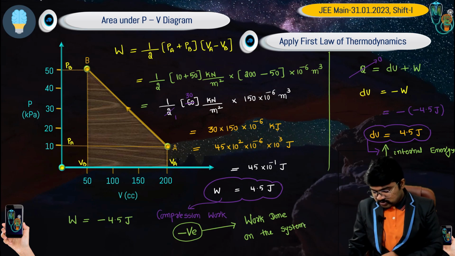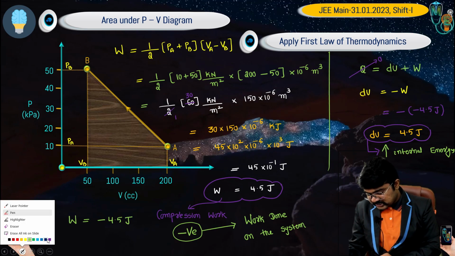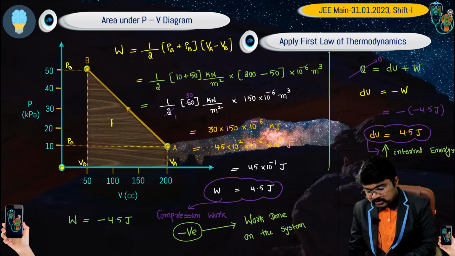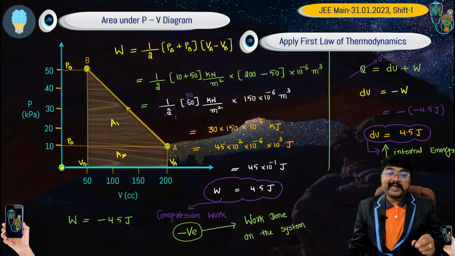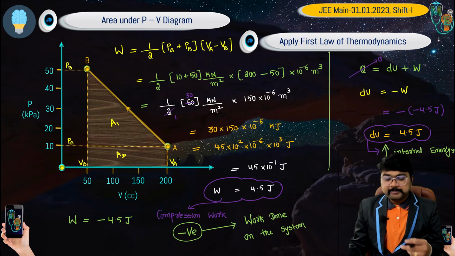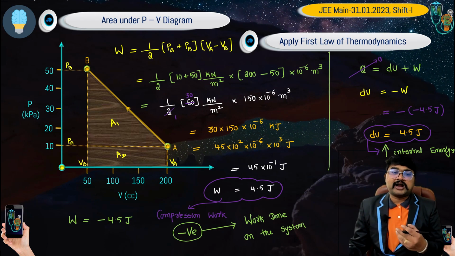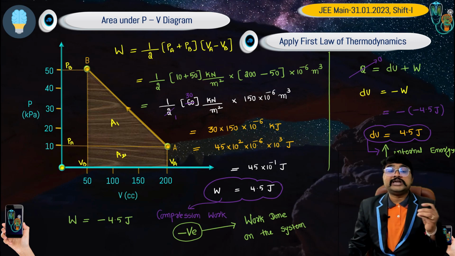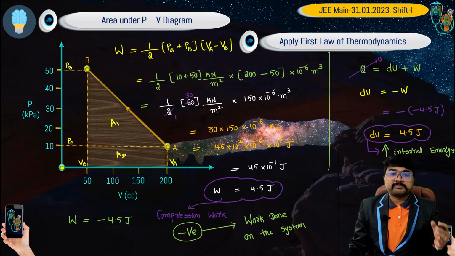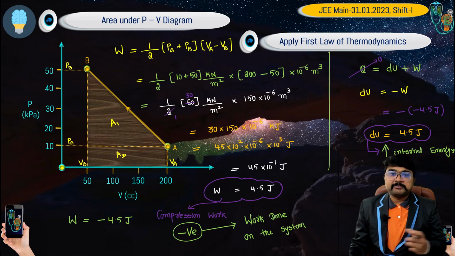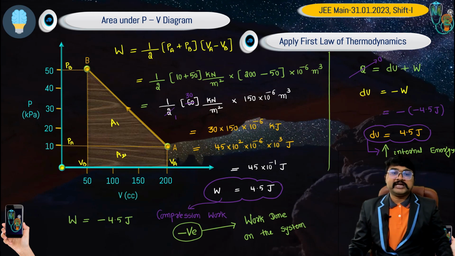So here we calculated two areas, area 1 and area 2, and we added them. That is the work done. We got the magnitude of work done, and based on the pressure change and volume change, we decide whether it is a compression or expansion process. In compression, pressure increases and volume decreases.